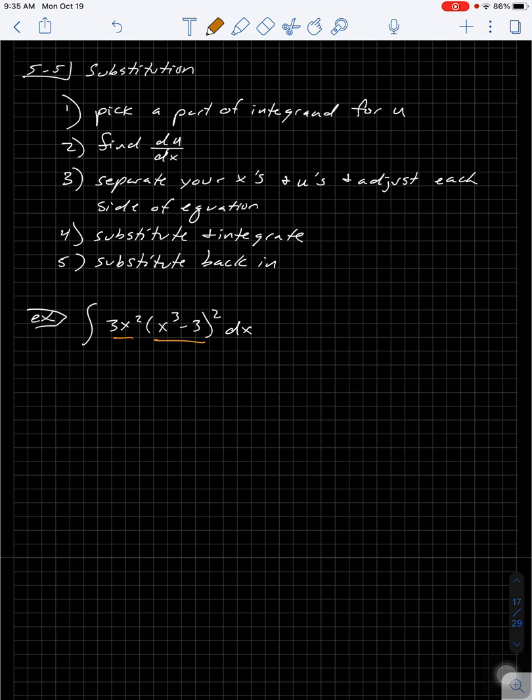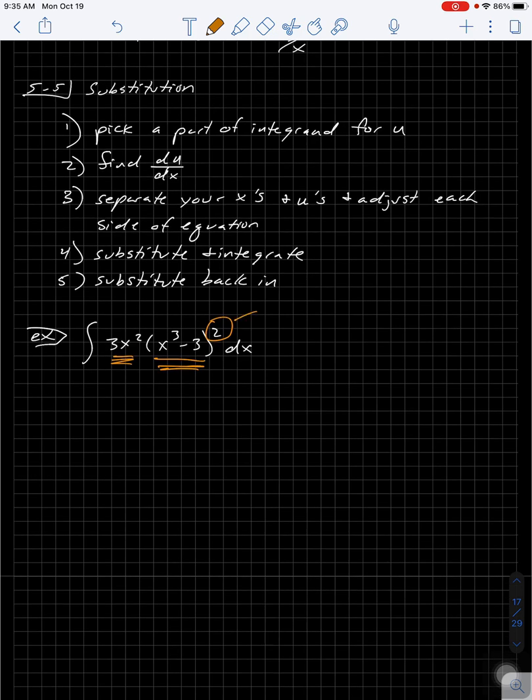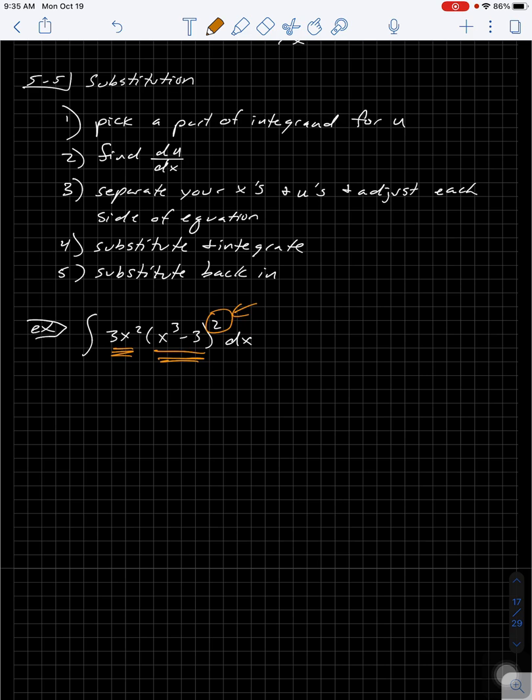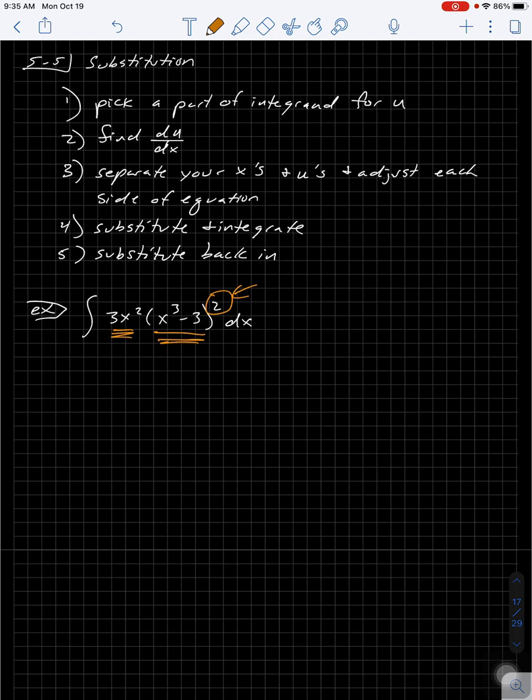And your only course of action would be to square this term out and then distribute in the 3x squared and do it term by term, which you definitely could do. And on some level, sometimes it's faster to do it that way. But as soon as this power ends up being like a 5, then you don't want to multiply this out anymore. Okay, so that's kind of the thought process going into the problem.